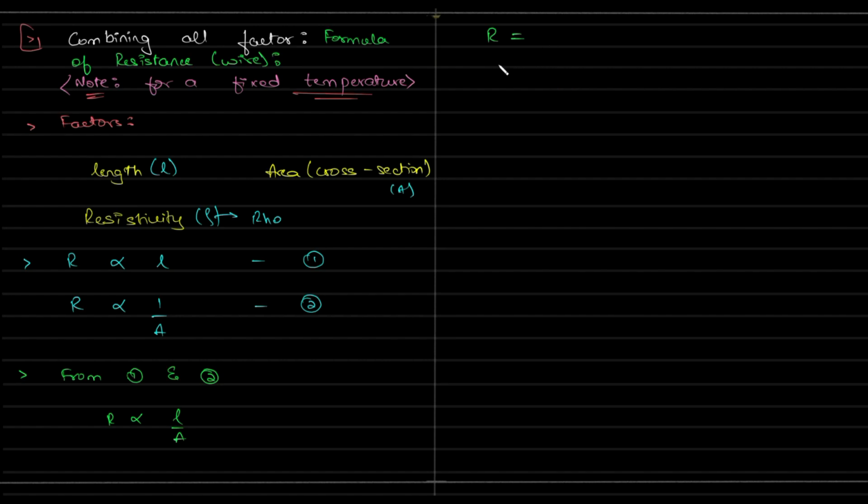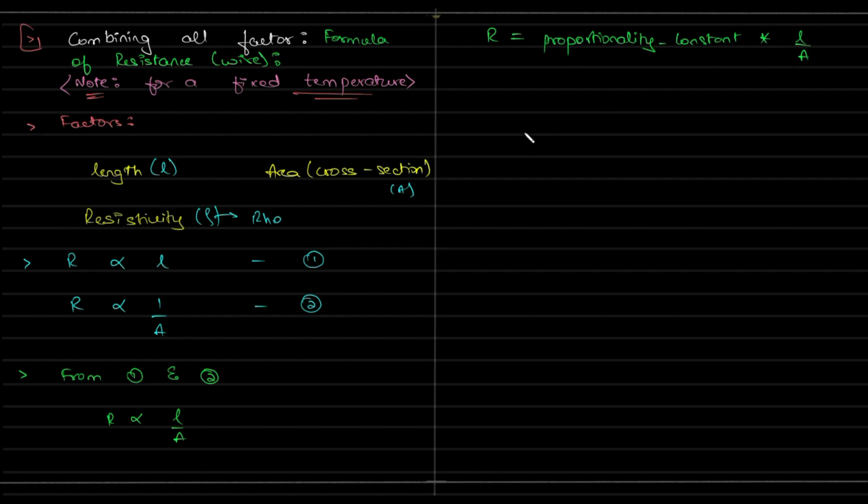But when we remove this proportionality symbol, we have to put an equals to sign, and we have to put something called proportionality constant into length by area. So length by area will continue to be there.